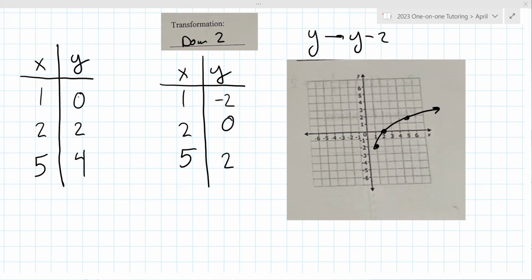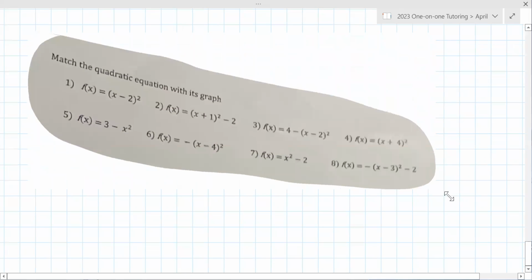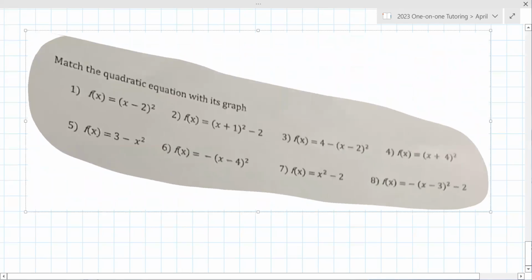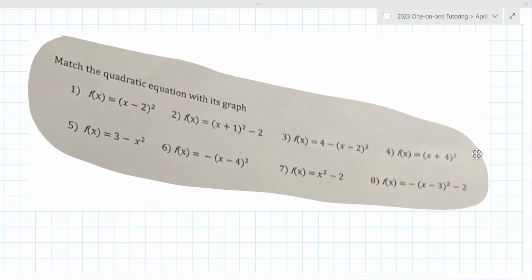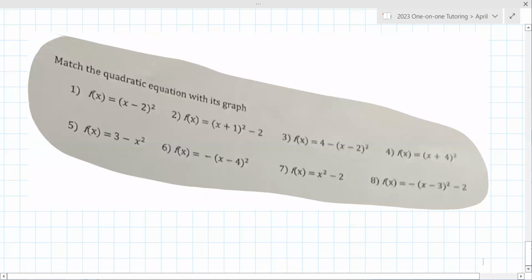Here we go. Do you have this paper in front of you with these functions? Yeah. Okay. All right, good. We've got a couple more minutes. Let's take a look here.